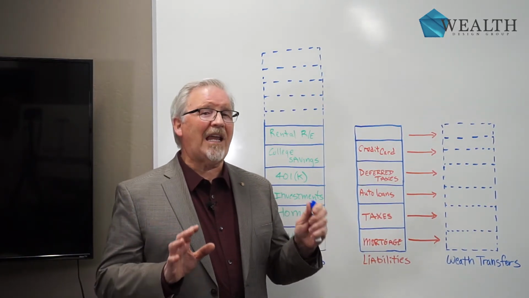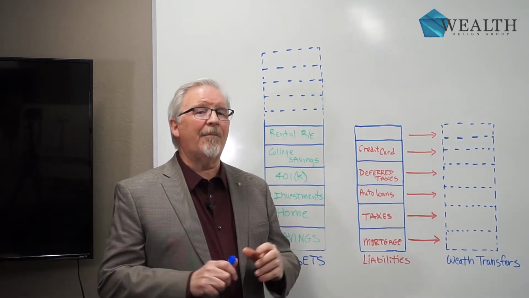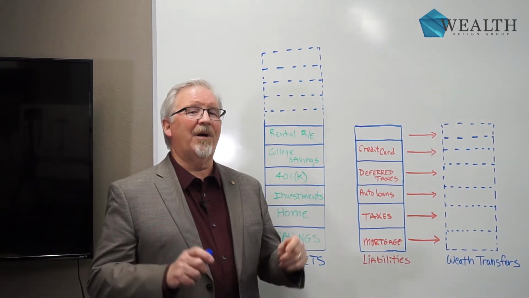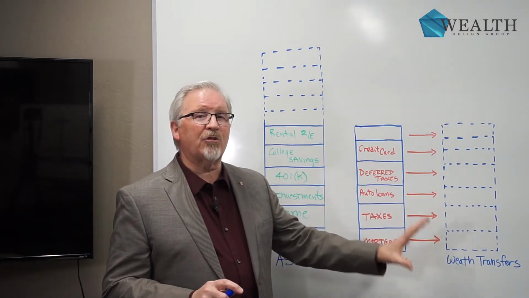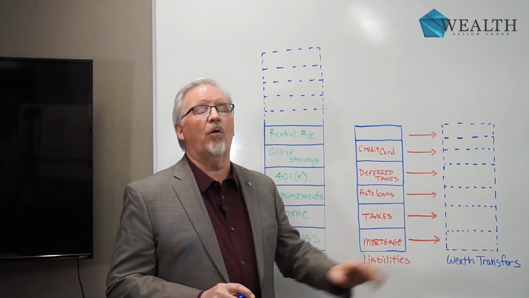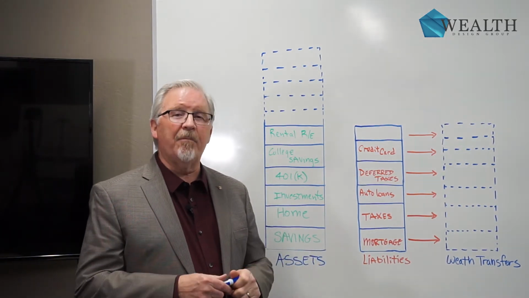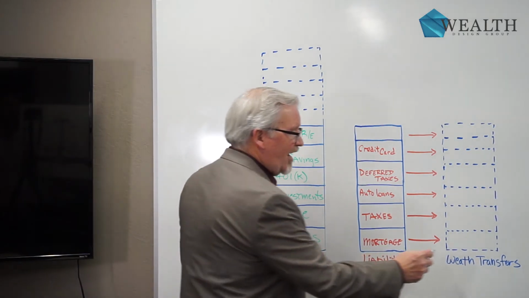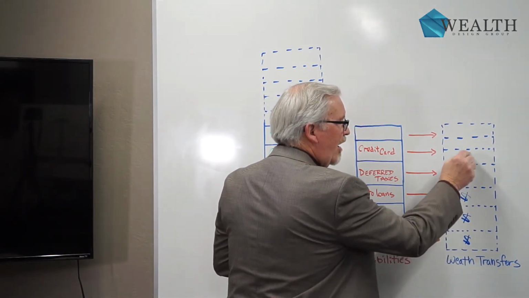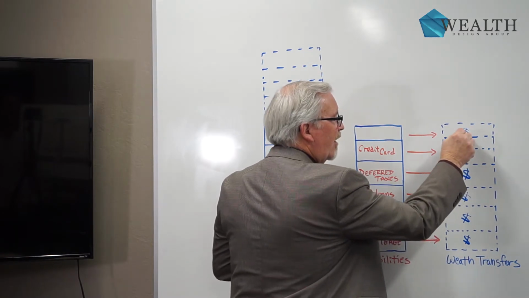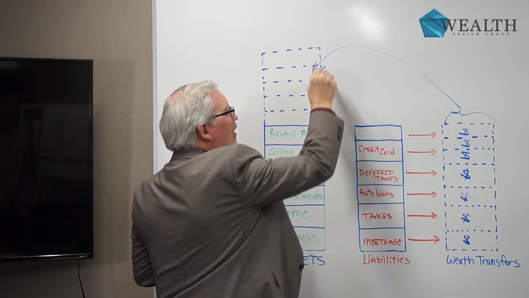So let's think about a new way to look at financial planning. That first step is not about how do we get higher rates of return, but instead let's look at this. What if we could recapture some or all of the wealth transfers? What would you do with them? It would be like money in your pocket. You could take these wealth transfers, whatever monies that we could go and recapture, and we would add them right up here.